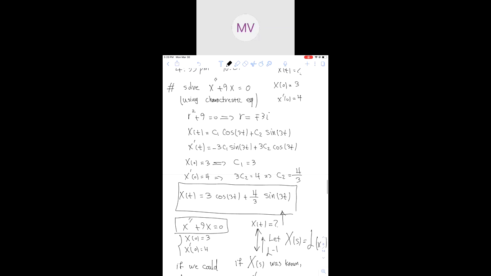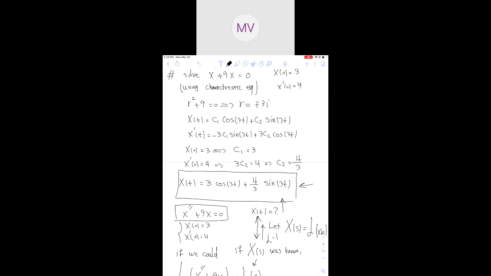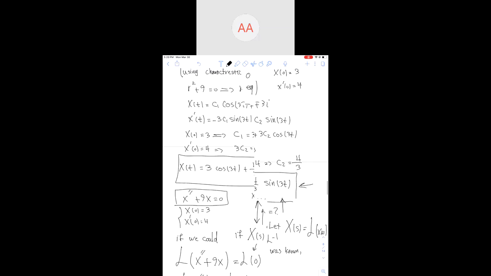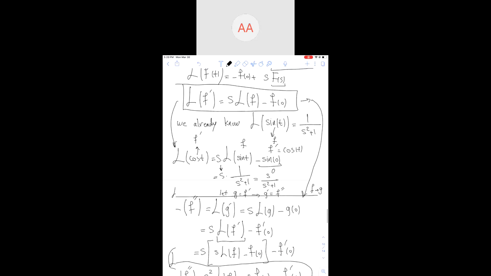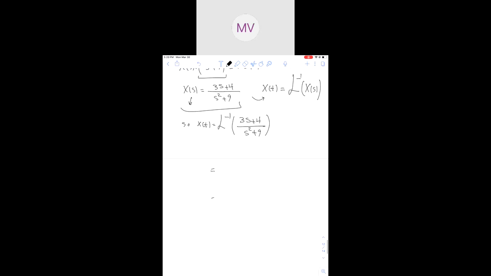Went too far. x of t was 3 cosine 3t plus 4/3 sine 3t. It's right there. Okay. Yeah, thanks. So let me write it down. So we already know the solution was 3 cosine, was it 3t or 2t? 3t plus 4/3 sine of 3t.